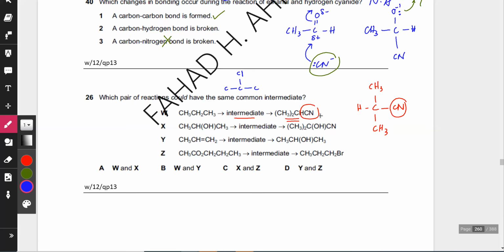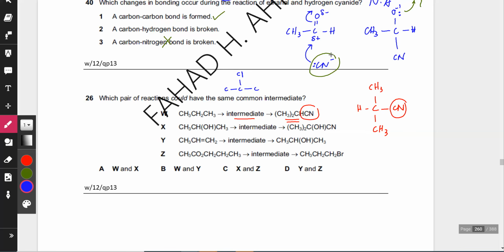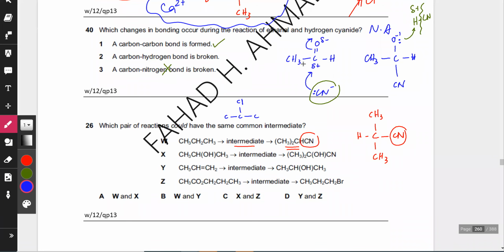I'm starting at this point. Okay, I want a CN in the chain, and I want the CN on the central carbon atom, right? So how many reactions are there which introduce a CN into the carbon chain? There's one that we studied over here, nucleophilic addition. But it wouldn't be this reaction because in this reaction you get an alcohol as well. There is no OH group forming. Bhaskar, is this clear?